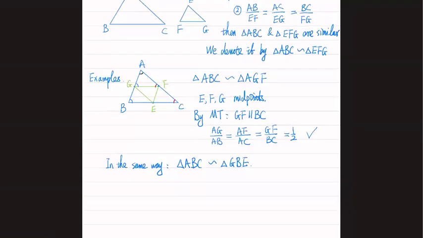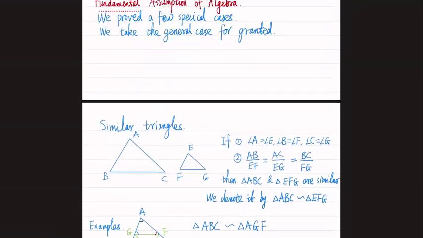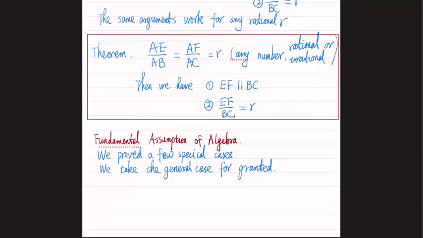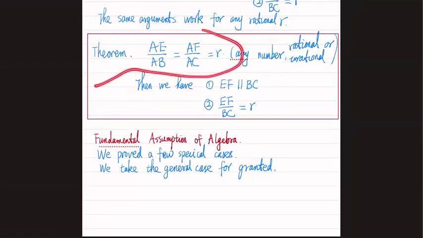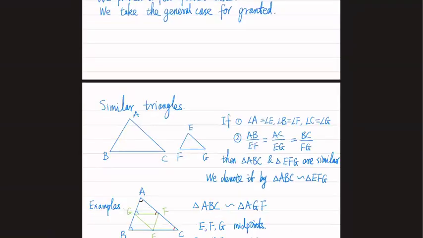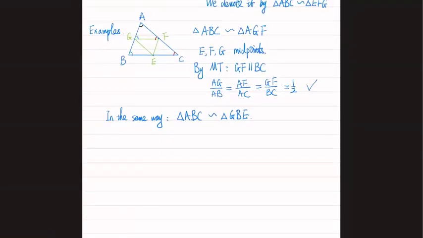Okay. Then if we go to our second generalization, the 1/3, 2/3 points, we have similar triangles and the big theorem that we mentioned here. We can reformulate this theorem as similar triangles.